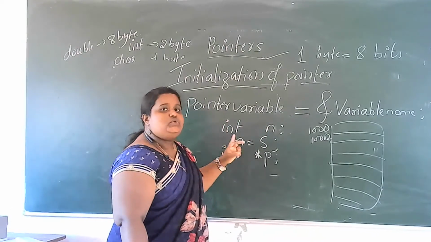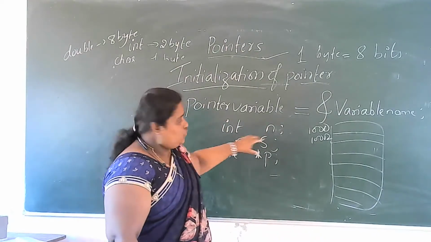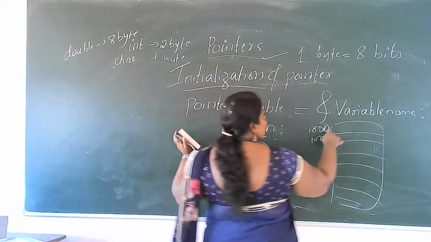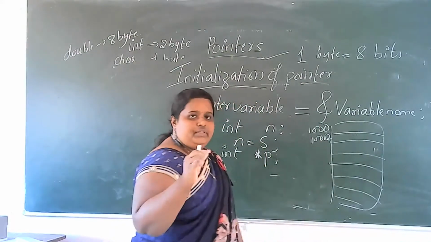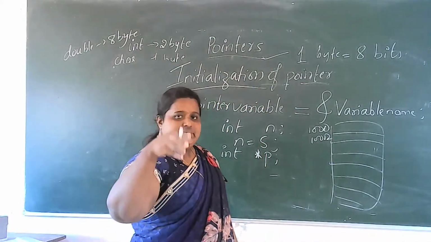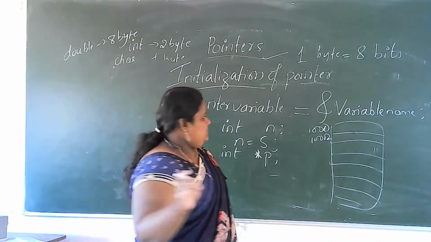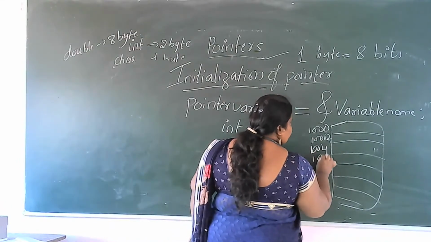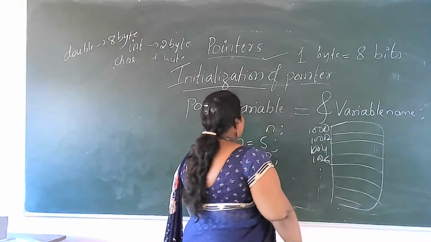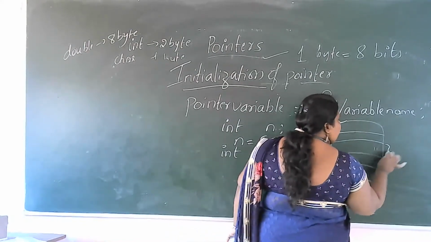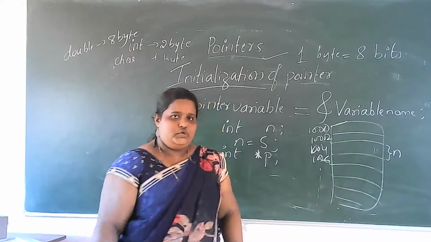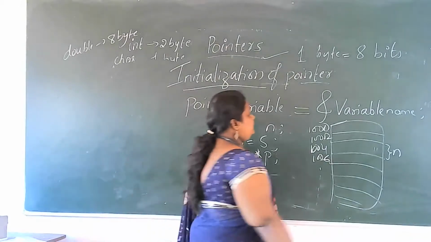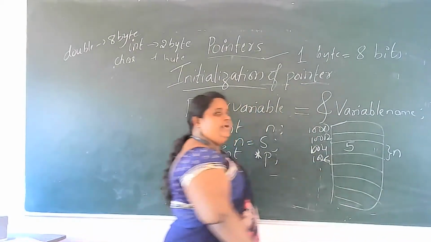I am merging the blocks, combining addresses of two blocks while representing memory addresses: 1000, 1002, 1004, 1006, etc. Suppose in this memory n is allocated, and the value of n is 5.